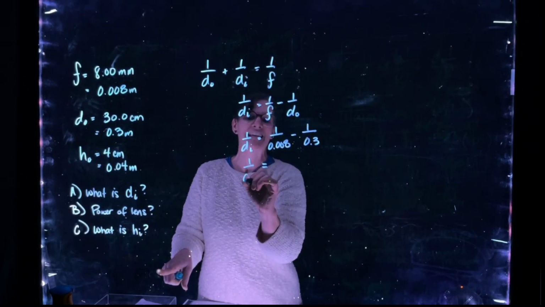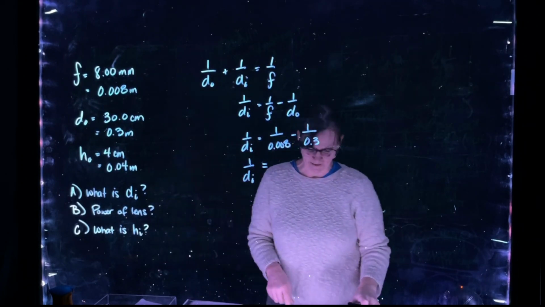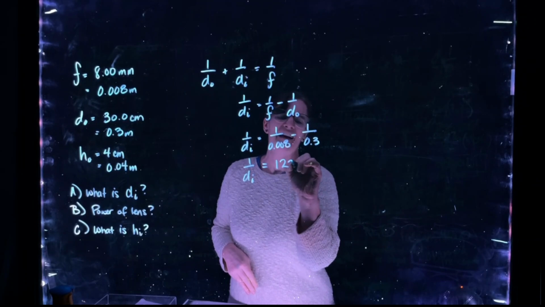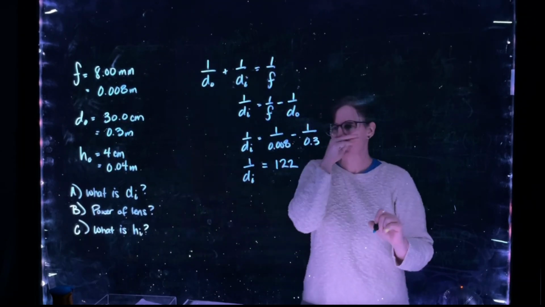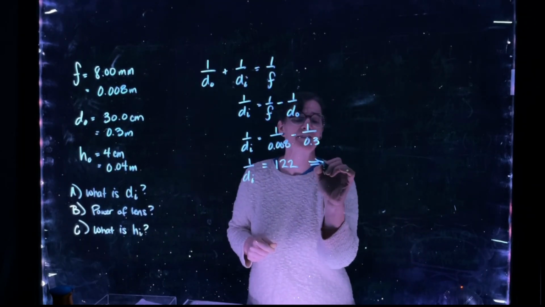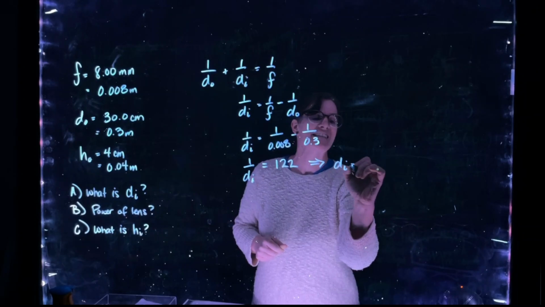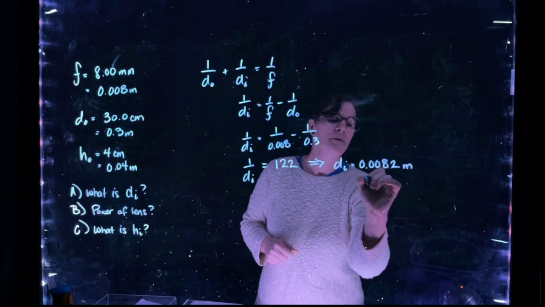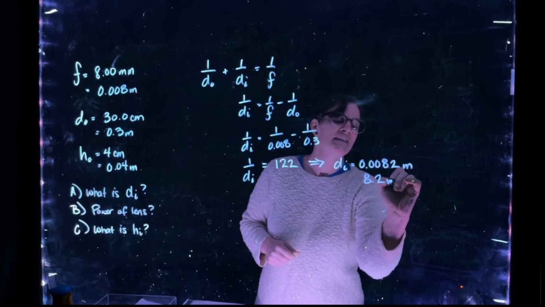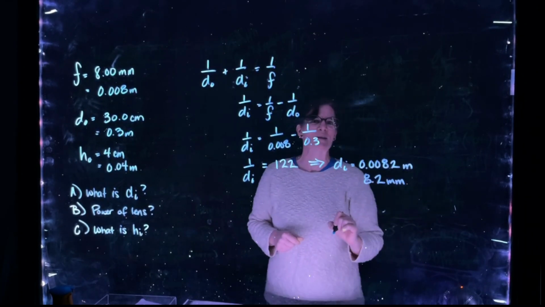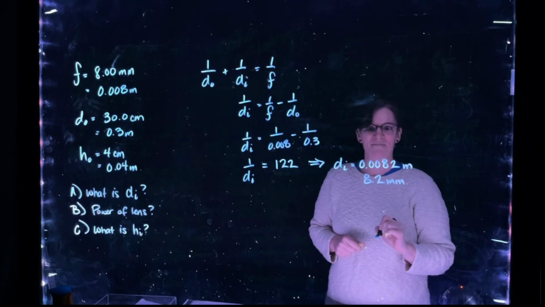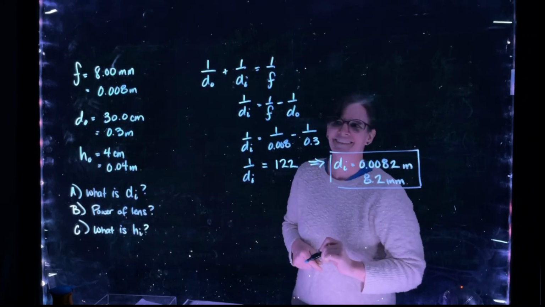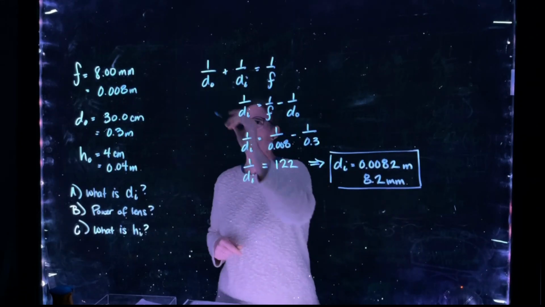If I use my calculator, that tells me 1 over the image distance is 122.3. Take the inverse of that. My image distance is 0.0082 meters, or 8.2 millimeters. All right, so that's our image distance, part A, using the thin lens equation.